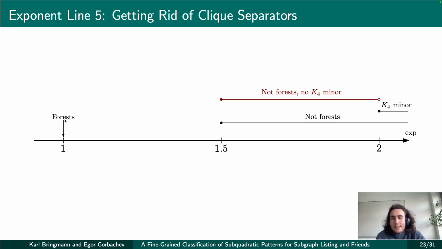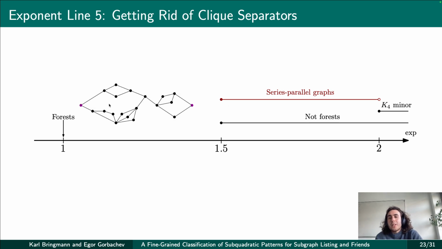And if we look at the graphs that we are interested in, patterns that are not forests and do not contain a K4 minor, and if we limit ourselves to the ones that do not contain cut points, then they're known as something called series parallel graphs, which is a family of graphs that represent electric circuits. But I will not define what they are, because now we'll limit our desired family even further.